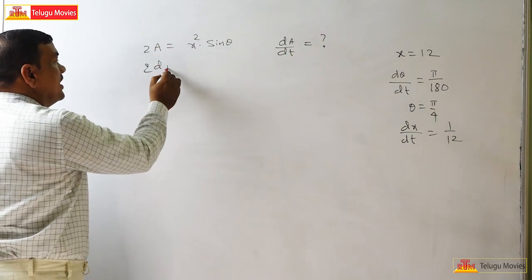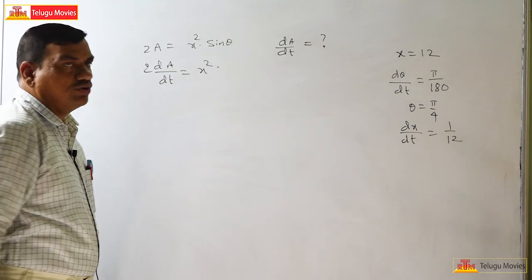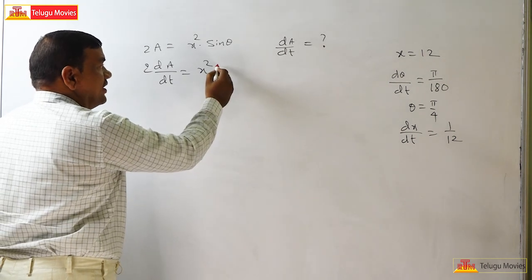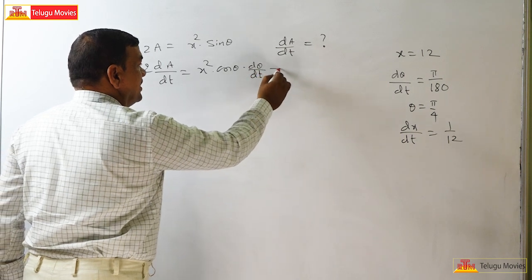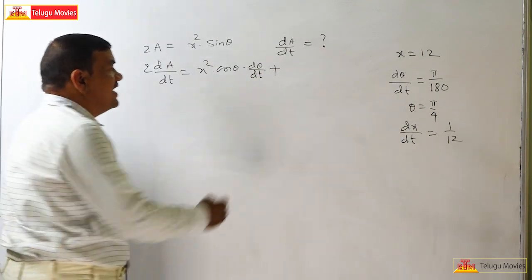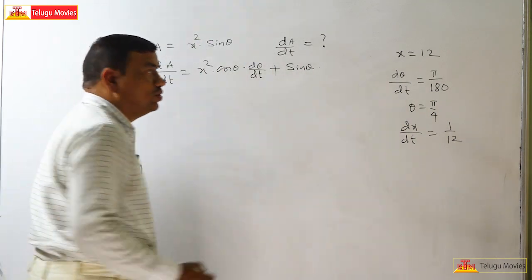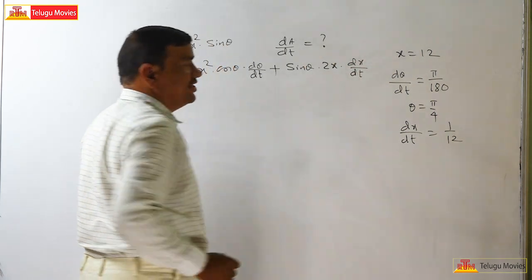So 2 times dA by dt is equal to x square into sin theta, differentiating with respect to t on both sides: x square into the derivative of sin theta, cos theta into d theta by dt, plus sin theta into the derivative of x square, 2x into dx by dt.